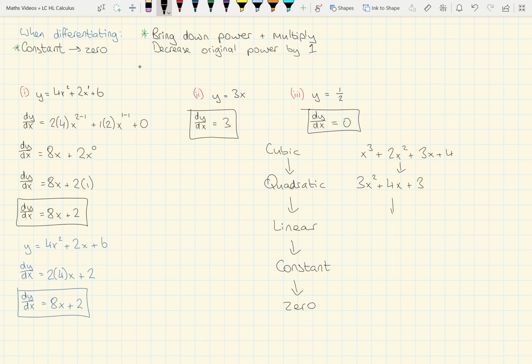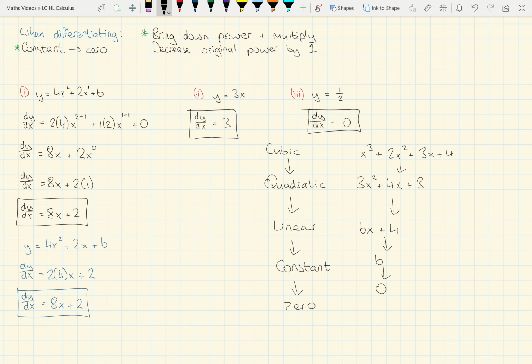If I go and differentiate this again, bring down my power of 2, 2 3s are 6x plus 4. There's our linear function. Differentiate again, I get 6. And then differentiate 6 and I just get 0.